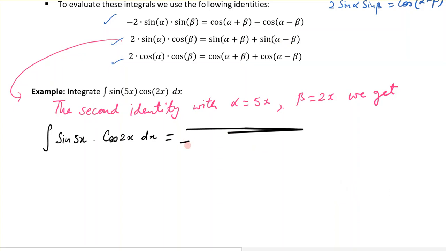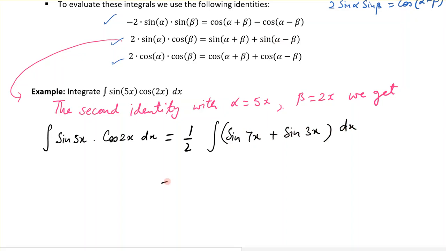So half times integral of sine of 5x plus 2x. So sine of 7x plus sine of 5 minus 2, which is 3x dx. So this can be written as the sum of two integrals.